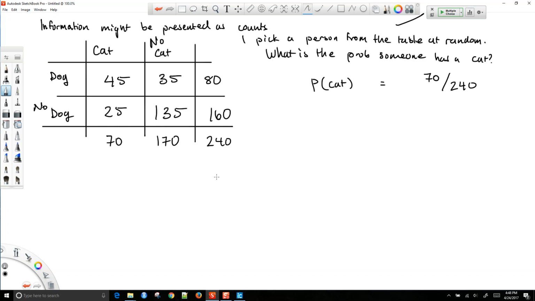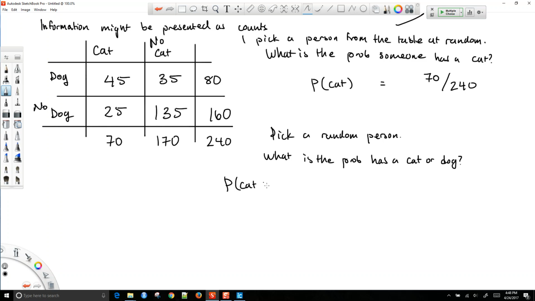Okay. And then I could also ask, I pick a random person. What is the probability that the person has a cat or dog? So probability of cat or dog.